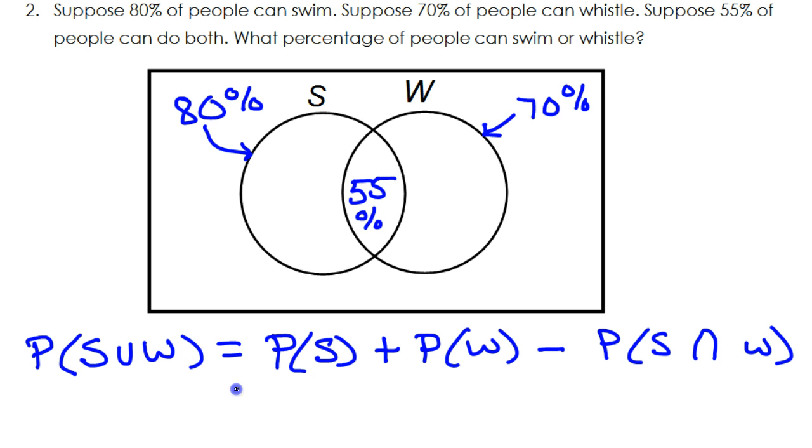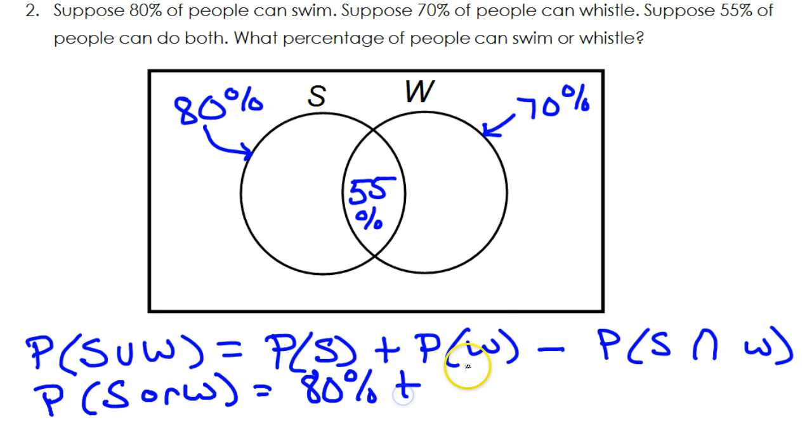So anyway, we have these numbers. If I want the percentage of people that swim or whistle, I'm going to take the 80% and add the 70%, and subtract the 55%.